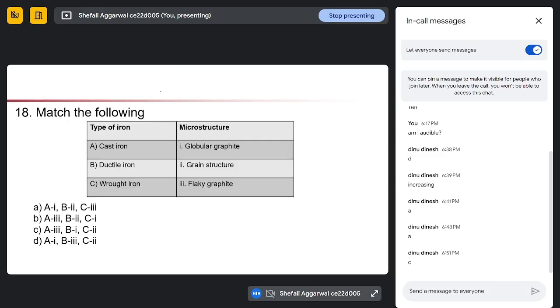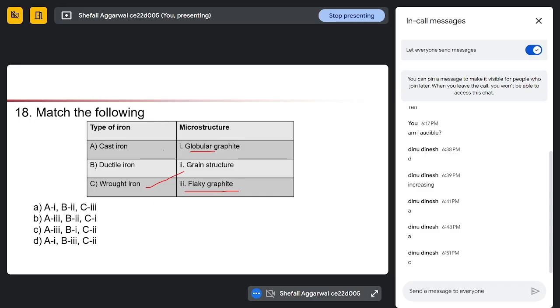First thing we can differentiate here is that wrought iron doesn't have graphite. So wrought iron has a grain structure, with grain boundaries and grain. So C is second. Now between cast iron and ductile iron, which one has globular and which one has flaky structure?